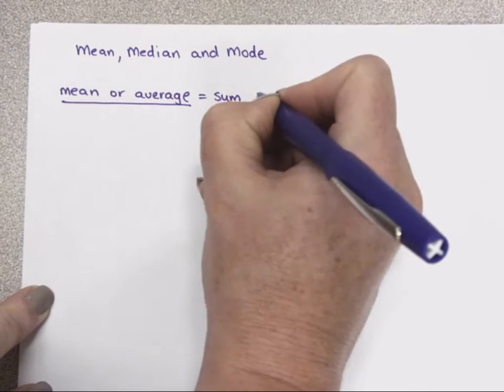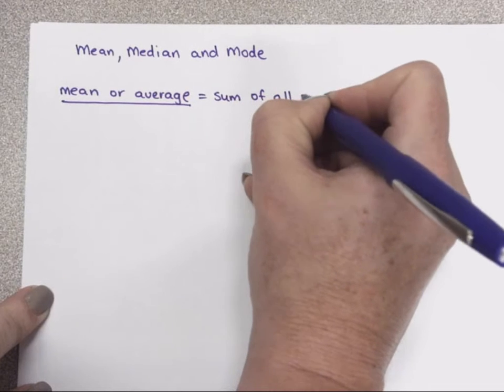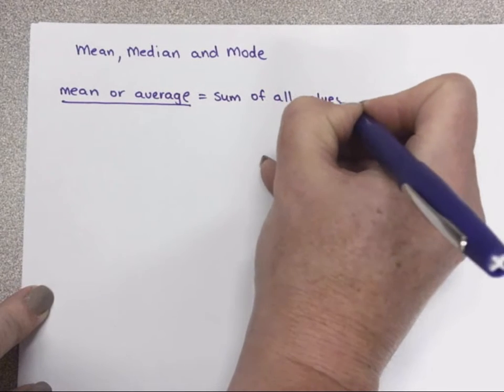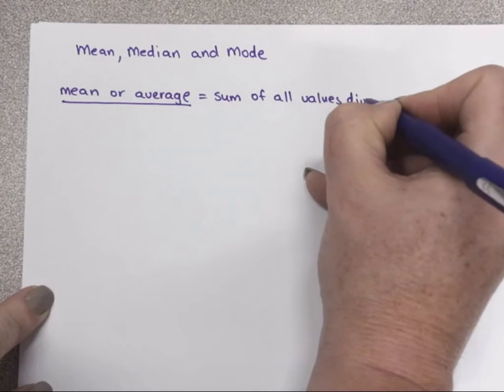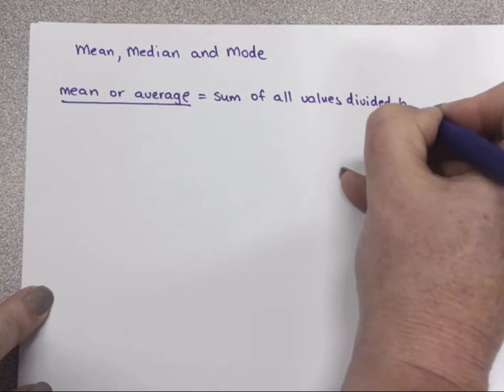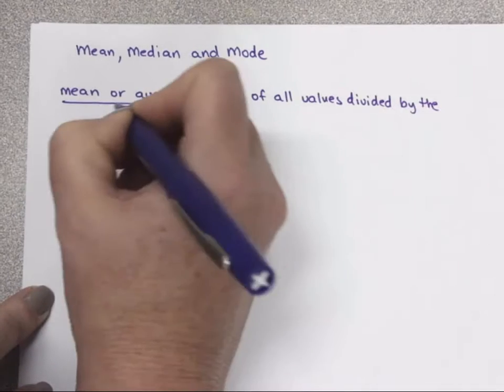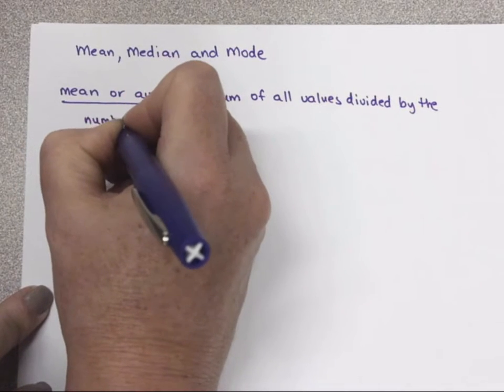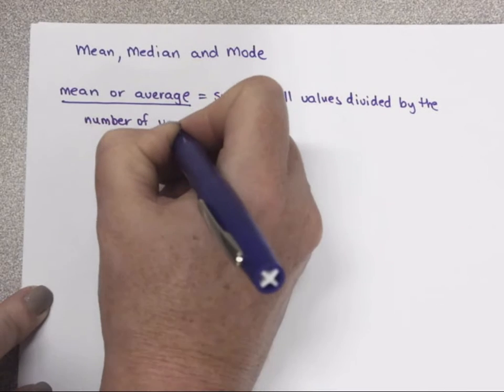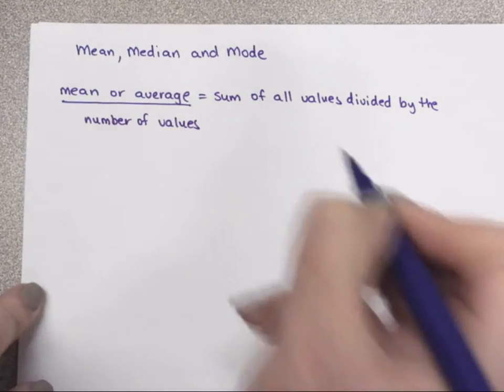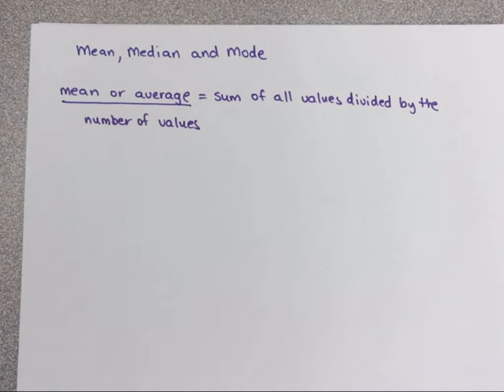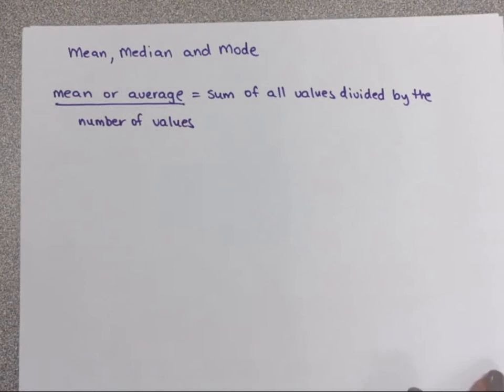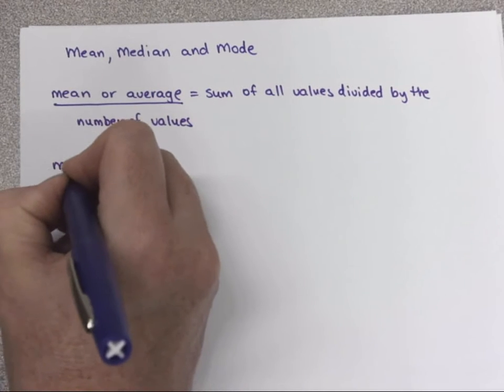The formula for mean is basically the sum of all the values divided by the number of values. Okay, so we'll practice one of those in a minute. What about the median?